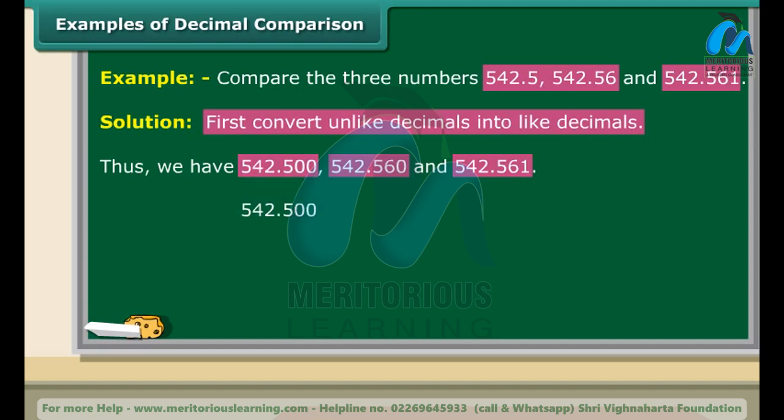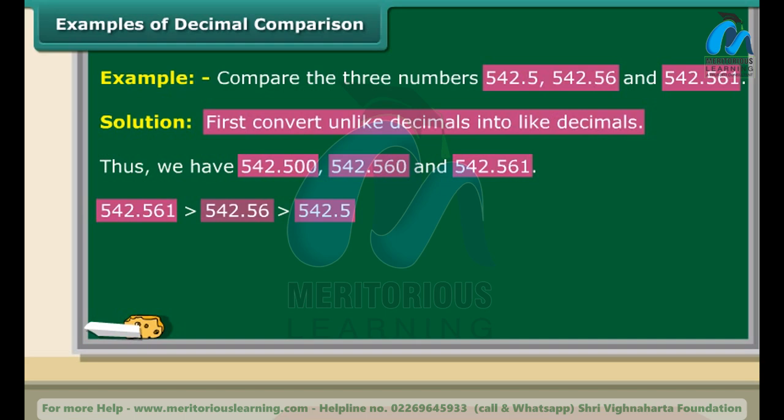The first number represents 500 thousandths, second number represents 560 thousandths, and the third number represents 561 thousandths. So, 542.561 is greater than 542.5 and 542.56.